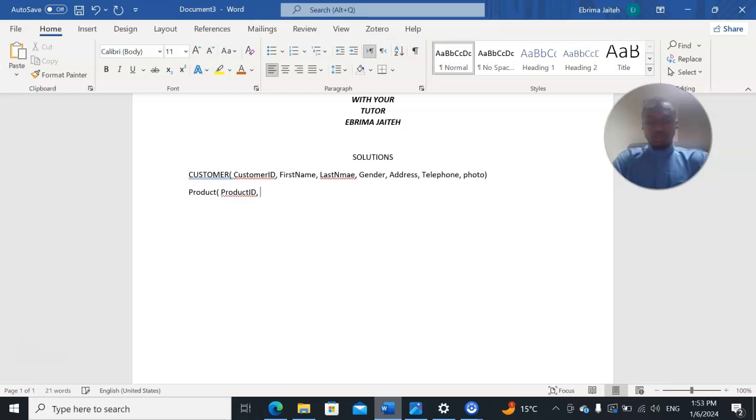You have to be very careful when you are writing your columns or your attributes in answering the SQL questions. You can see the way it is given in the question, you have to write it in the same format.